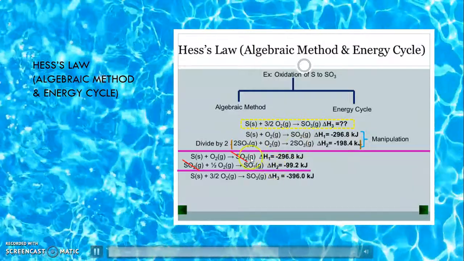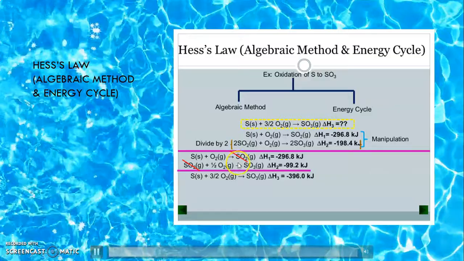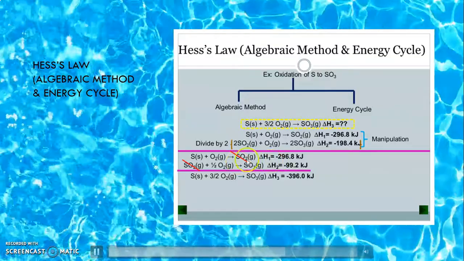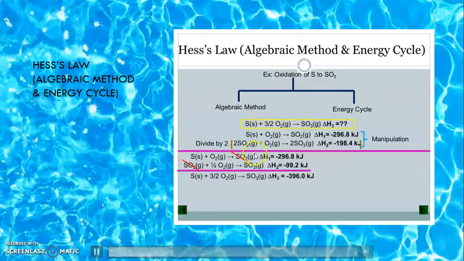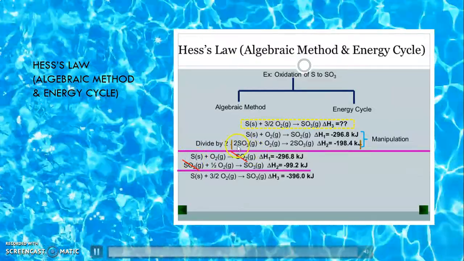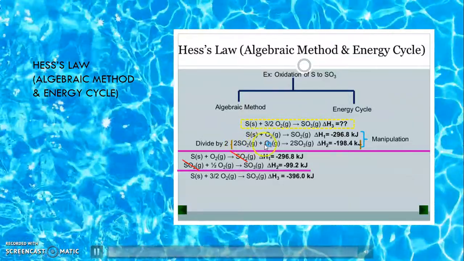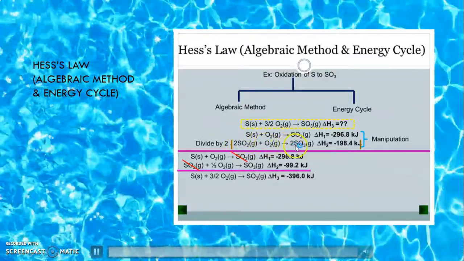But here we have to calculate the enthalpy change based on the number of moles needed. The data given here is for the reaction between 2 moles of sulfur dioxide and 1 mole of oxygen, forming 2 moles of sulfur trioxide.